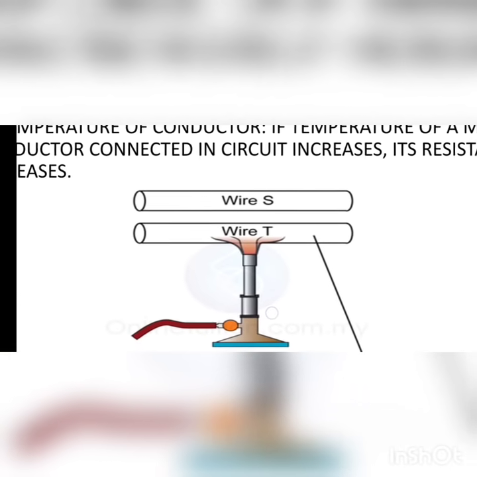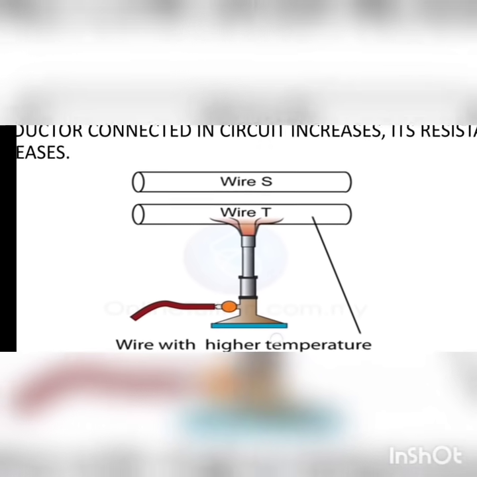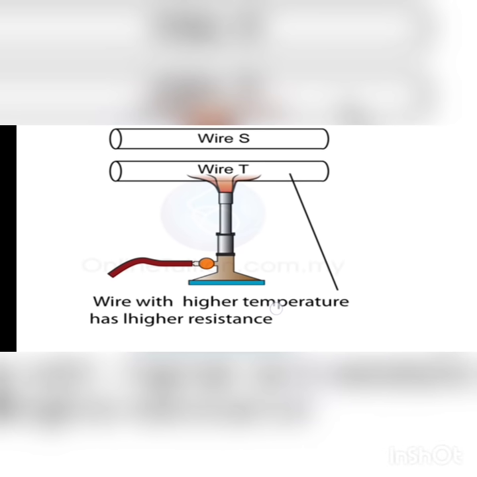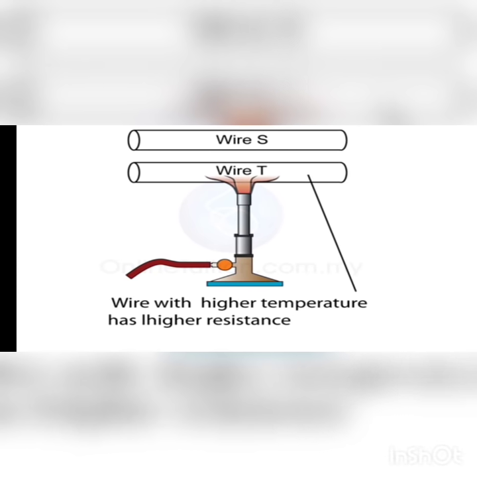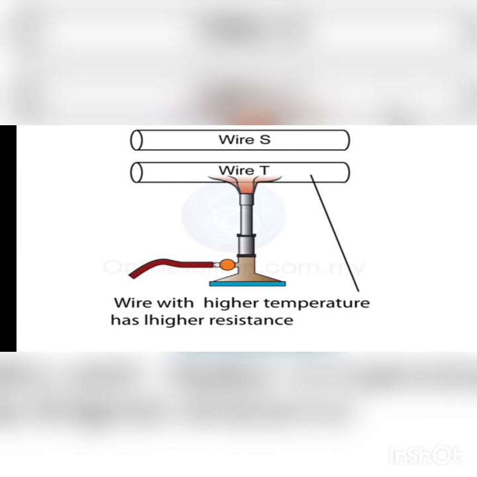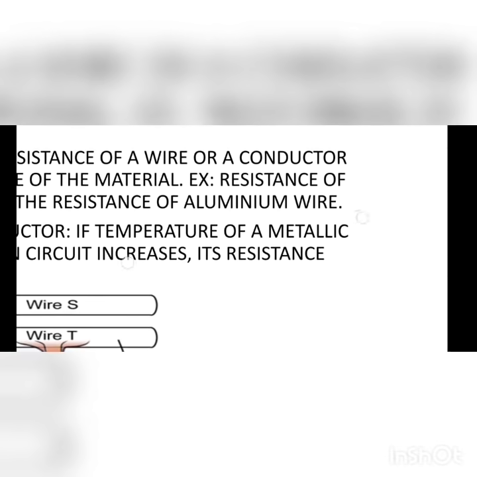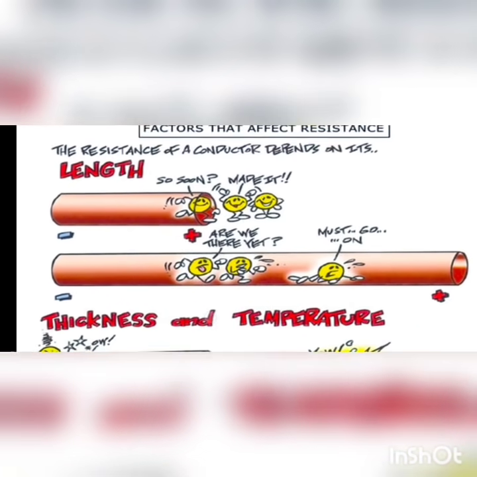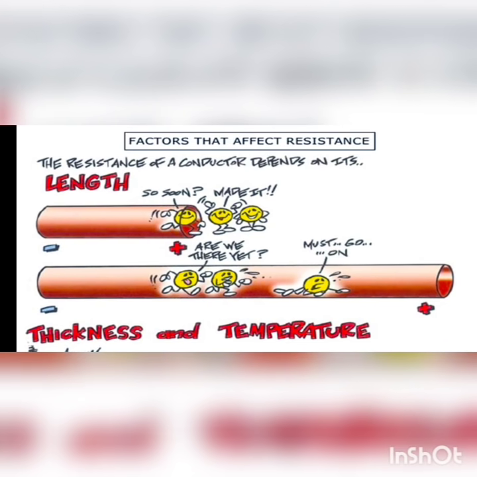You can see that in this figure I am heating the wire, and thus by heating I am increasing its resistance. Now why all this? Why, with the increase of length, does my resistance increase? Now you know that the more hindrance there is in the path of free electrons, the more resistance there will be.